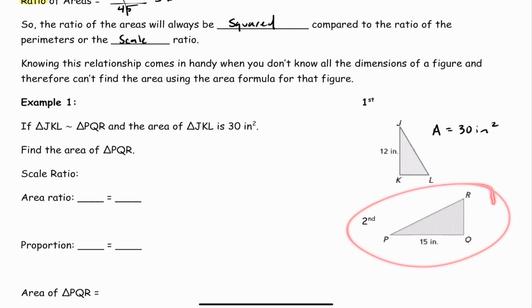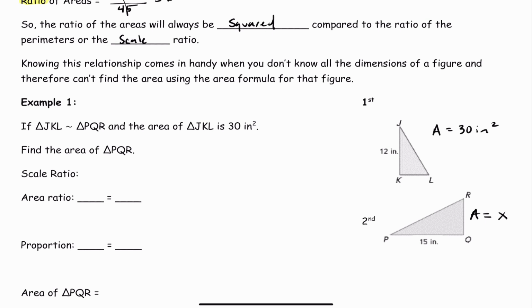We're trying to figure out the area of the second figure, right? And since we're trying to figure out the area of that, that's basically our unknown, okay? So our unknown is going to be x. So the area, for now, for the second figure, is x, okay? So the first thing that I always want to do is to figure out the scale ratio.